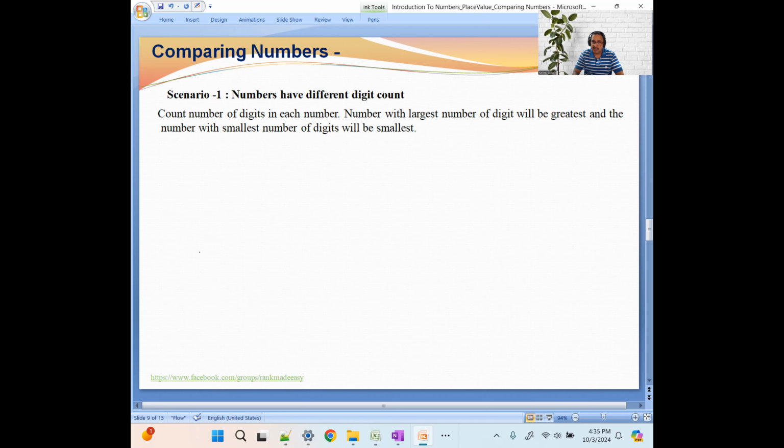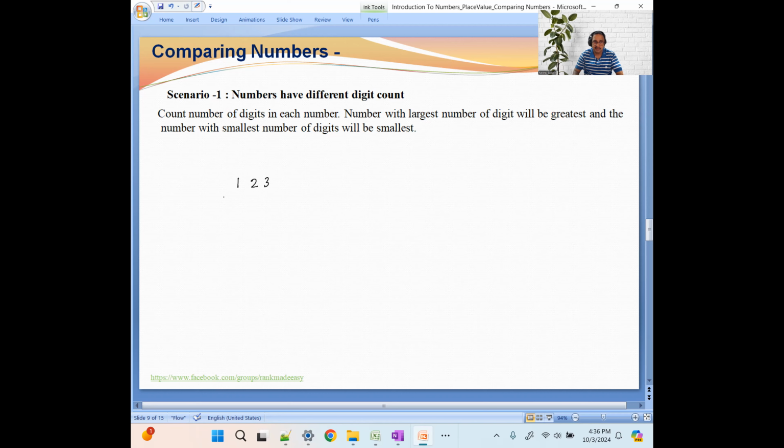There may be multiple scenarios where you need to compare numbers. One scenario is numbers have different digit counts. Let us say you are comparing two numbers. For example, the first number is 123 and the second number has 4 digits, or it may have 2 digits.